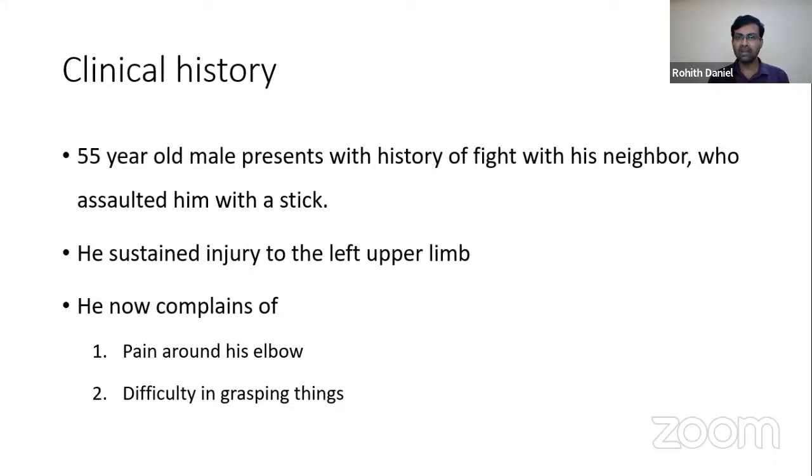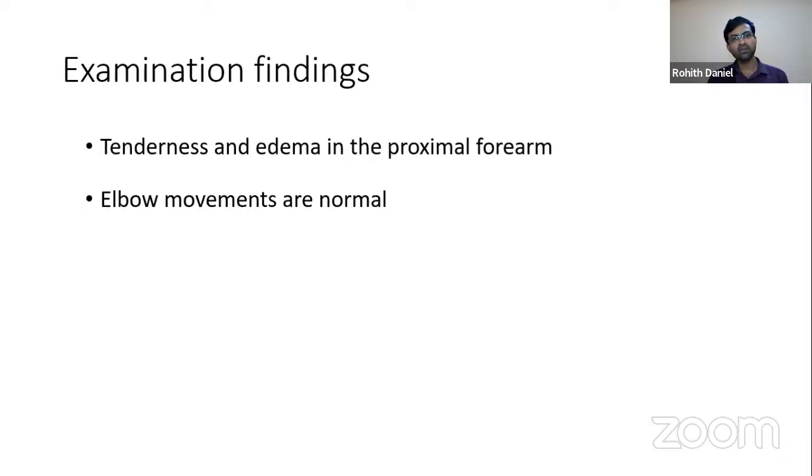Obviously, we are going to evaluate the patient. And being an orthopedician, first thing we would do is what? We'll examine the bones and the joints to see if there is any fracture or dislocation or anything like that. Okay. So when I examined the patient, I saw that there was some tenderness and edema around the proximal forearm. But the flexion, extension of the elbow, everything was normal.